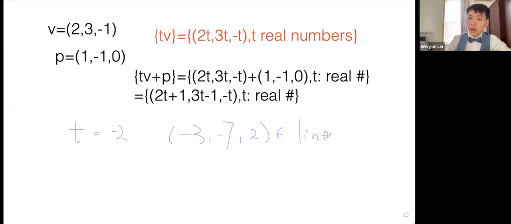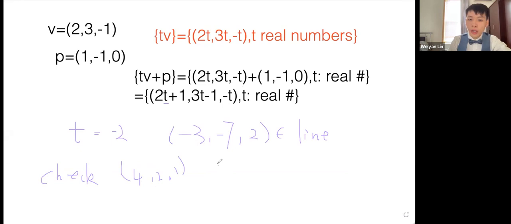Vice versa, if you want to see if a point is in the line, let's check if, let's say, 4, 2, 1 is in the line. The only way for this point to be in the line is that you can find a specific t such that this vector is exactly equal to 4, 2, 1.